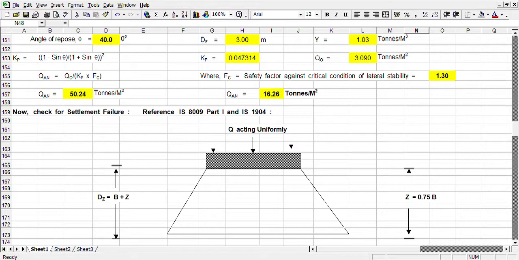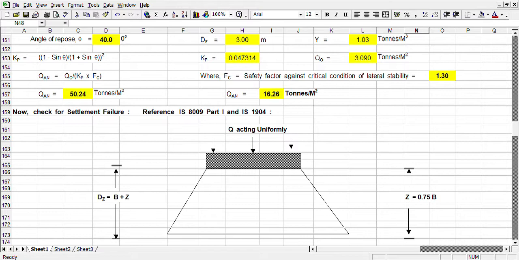In case of plastic clay, it is 125 plus permissible. And we are also sure that settlement failure is not at all a sudden failure, but shear failure is a sudden failure. No one gets any chance to see what is going on.